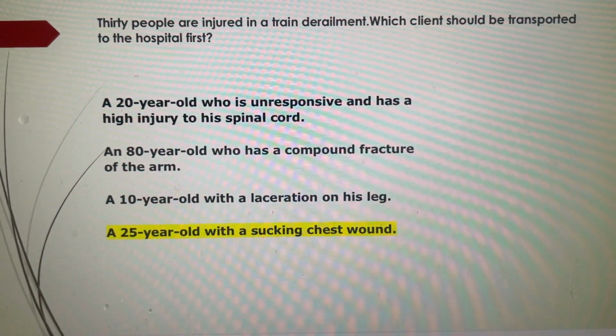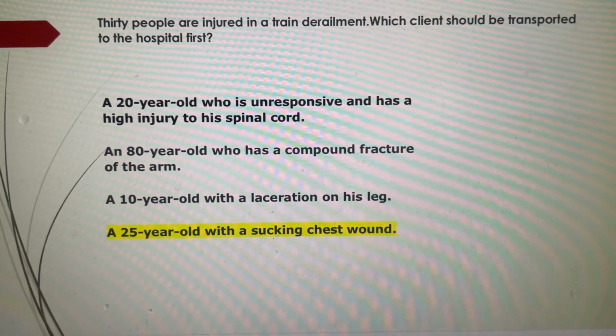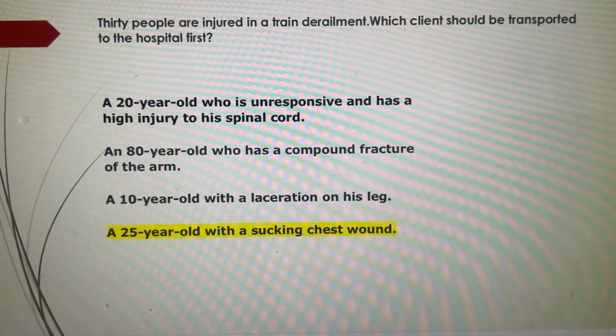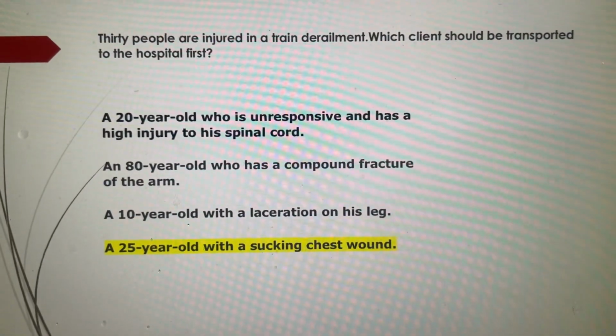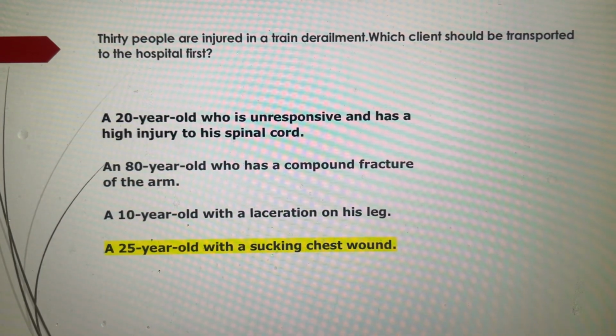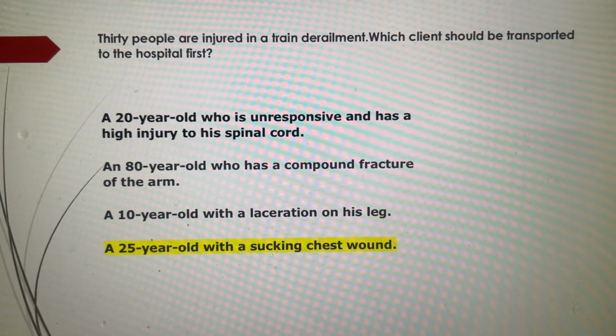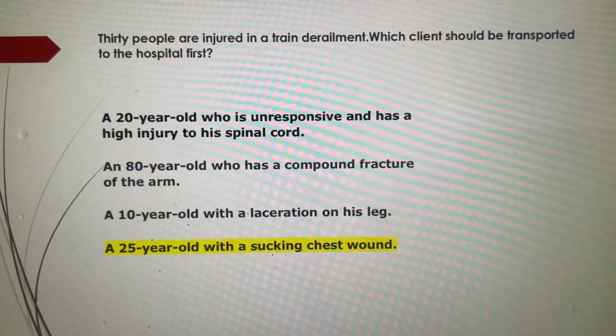So we would assume that this patient is walking, since it's just a laceration and there's no measurement of how deep it is. So this particular 10-year-old will definitely need medical care at some point, after more critical injuries have been treated in this particular situation.